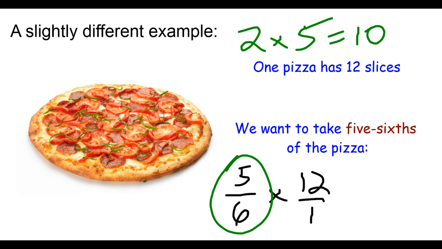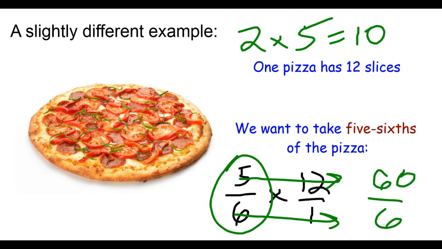When we're looking at fraction multiplication, if we continue with that strategy we saw before, 5 times 12 is equal to 60. 6 times 1 is equal to 6. And 60 divided by 6 is, in fact, 10, because remember, the fraction bar means division. In this case, we can simplify down to a whole number value for pizzas.